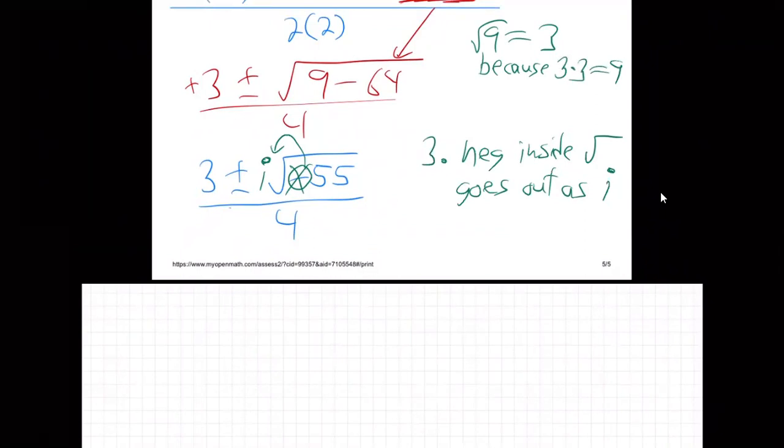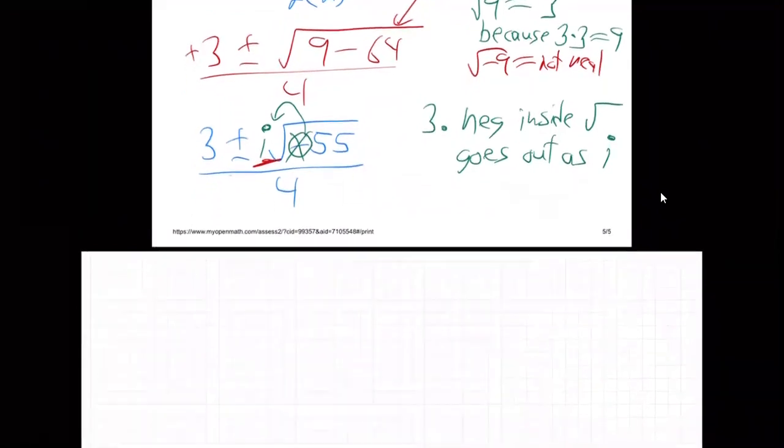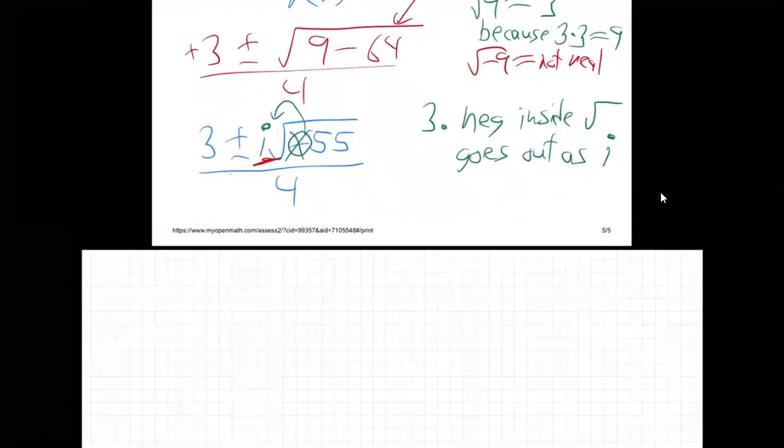That's the reason. Likewise, you can't have the square root of negative 9. It's impossible. It's not real. There's no number times itself that's negative 9. That's why it kicks out an i. It's imaginary. So you've got to remember that whenever there's a negative inside of a root, kick out an i. Okay, so where does that leave us then?